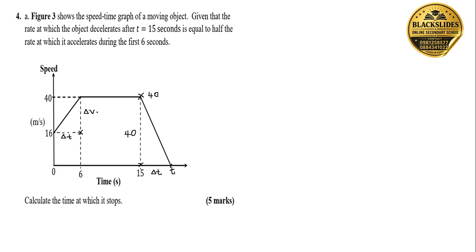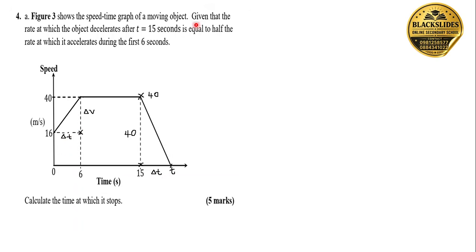This change in speed here is going to be 40 minus 16. You take the speed that corresponds to that point minus the speed that corresponds to this point, which is 16. To find time, you simply take the difference between these two: 6 minus 0 to give you the change in time.